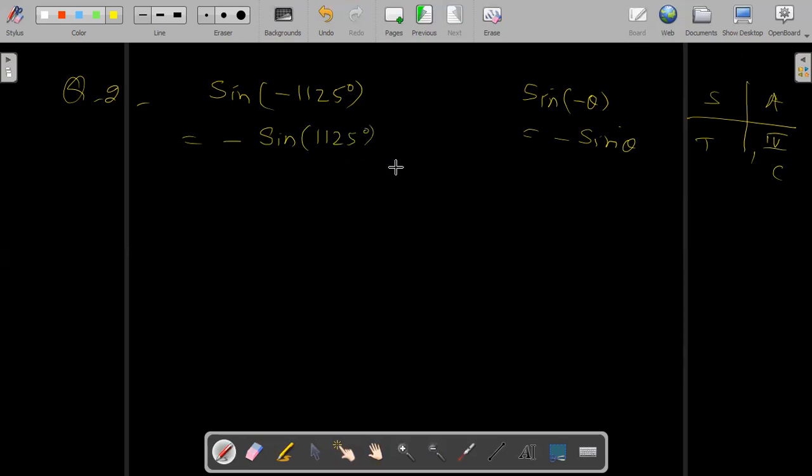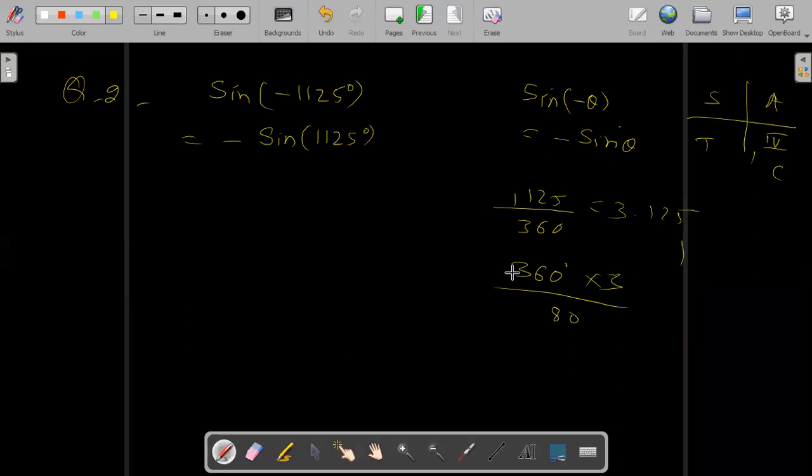Now you have to see how many 360 rounds there are. You can check by dividing 1125 by 360. We are getting 3.125. That means 3 rounds. So 360 into 3 is 1080. That means it is more than 1080, but not up to the fourth round.